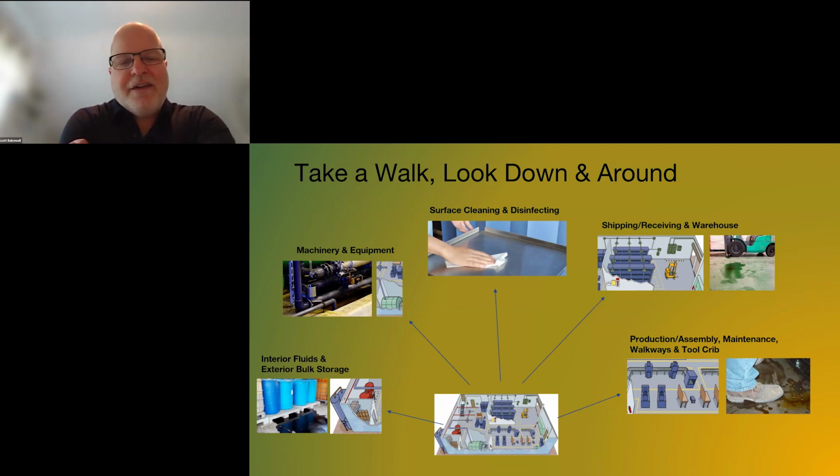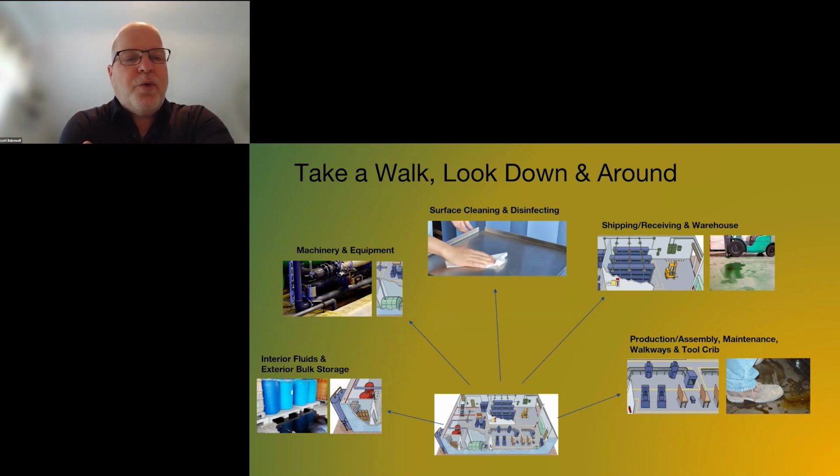So if we look at this slide from the 6 o'clock position, or the bottom position in the center, that's your facility. And if we went to interior bulk fluid and exterior bulk storage, areas where there could be a possibility of a spill, that's an area where you'd want to use sorbents.